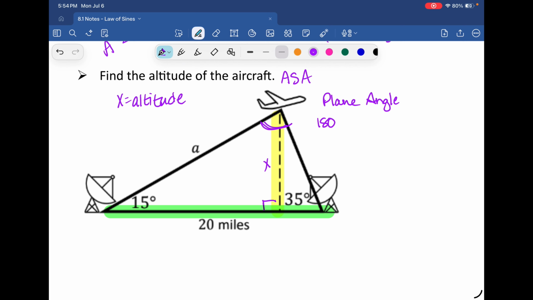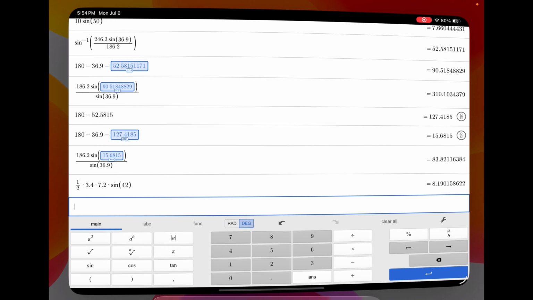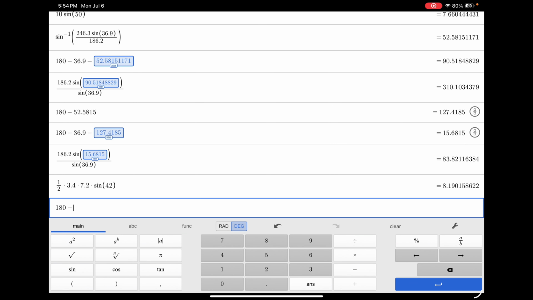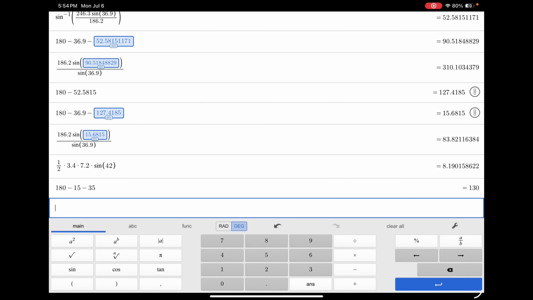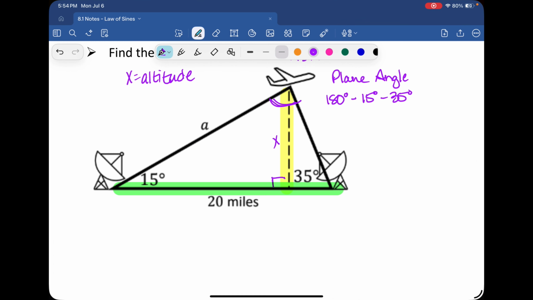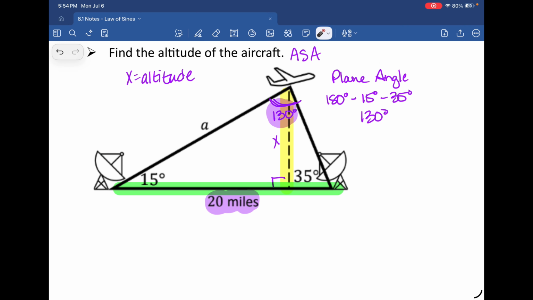So 180 minus 15 minus 35 is 130. That gives me an angle and its opposite side, and I can use that with the 35-degree angle and side A to find side A.